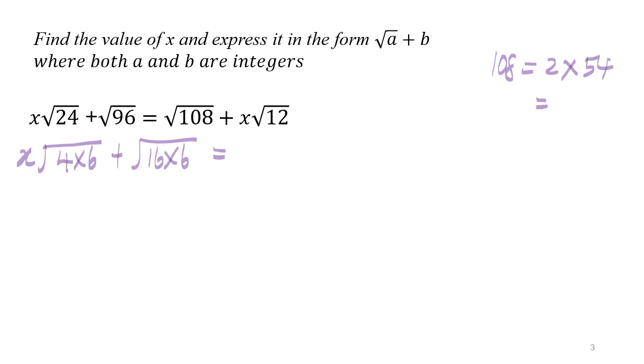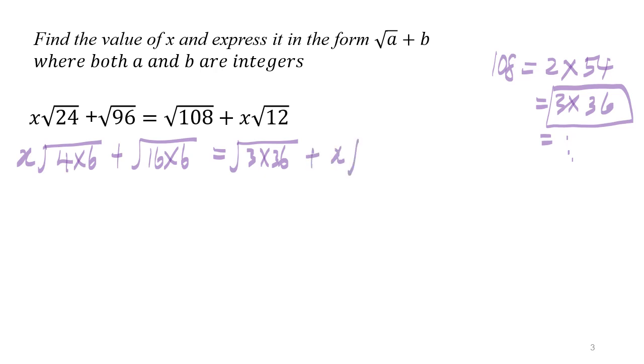You can just use a calculator to help you. So 3 times 3, and then we can use this because 36 is the perfect square. So 108, you can write it as 3 times 36. You can use the same method to simplify 96 and 24. And then 12, you can write it as 3 times 4. Okay, here you apply the rules.